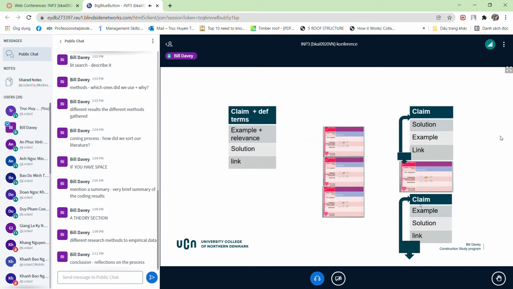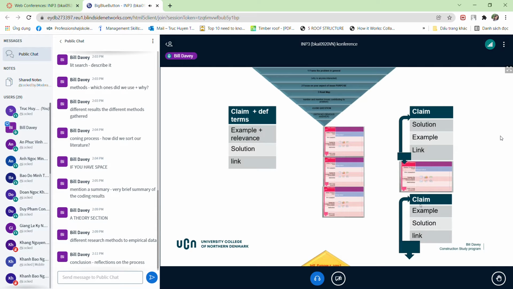But you might choose to be more adventurous, and that is also a good thing, by having different paragraph structures. And then you can see those on the left and the right of the screen. But we still have to remember that the introduction and the conclusion are not the same as the others.